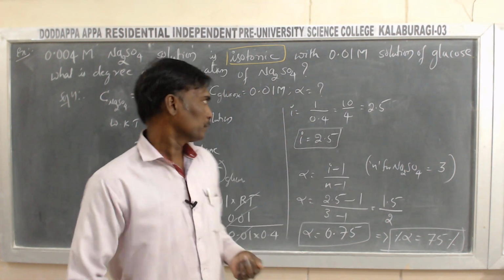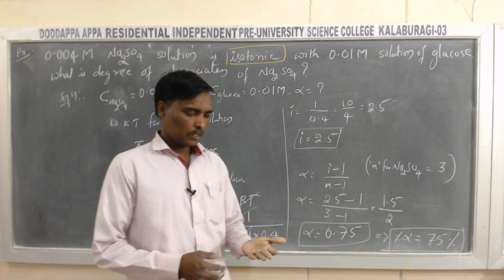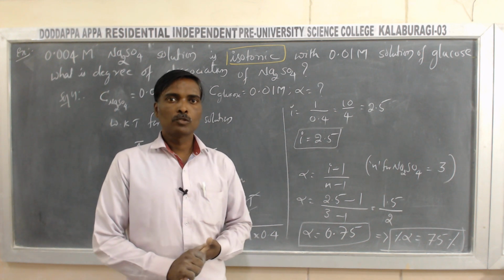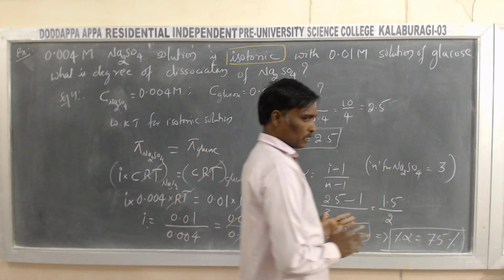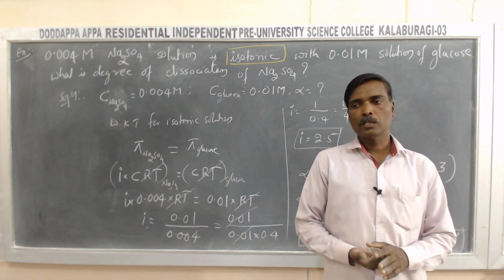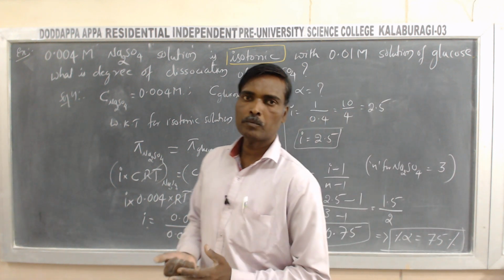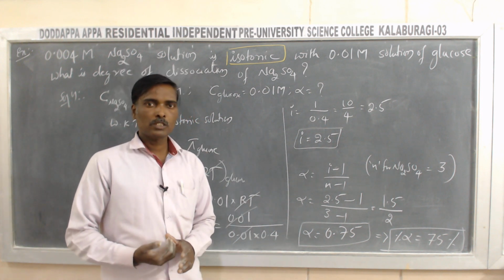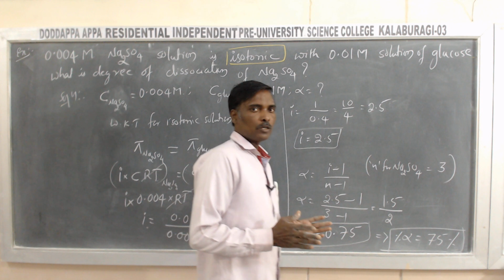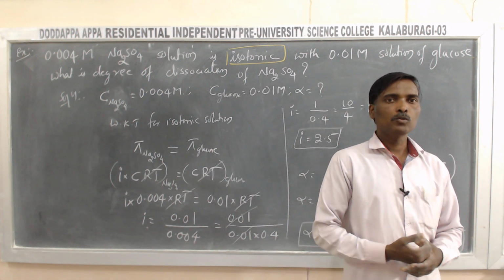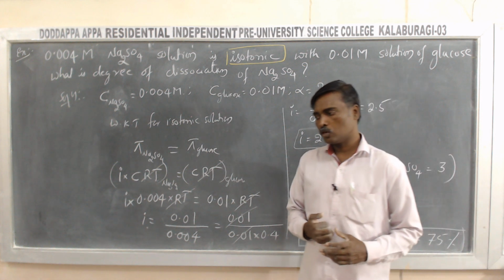Now, this is the coming end of this chapter, Solutions. Up to here, we solved many numericals on various concepts. We started with the types of solutions. Then in particular we studied liquid solutions, where we defined two laws, Henry's law and Raoult's law.